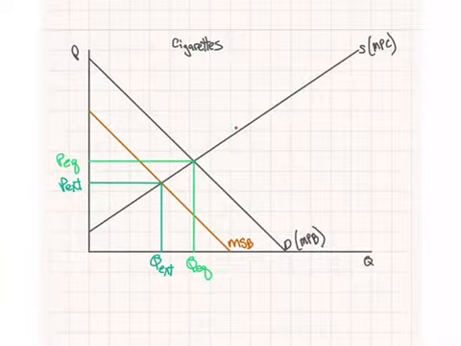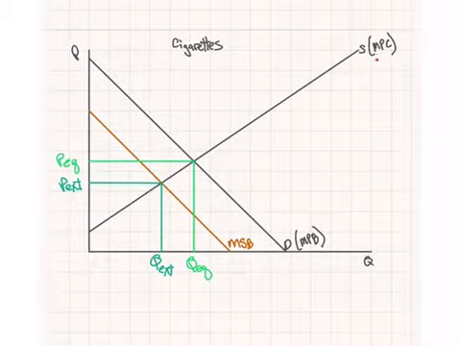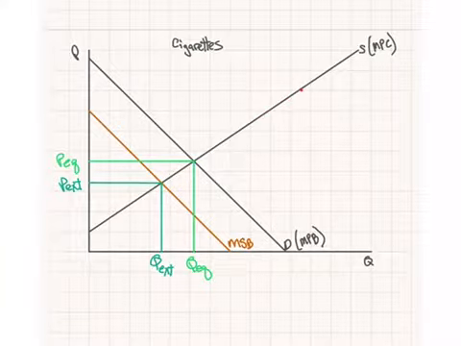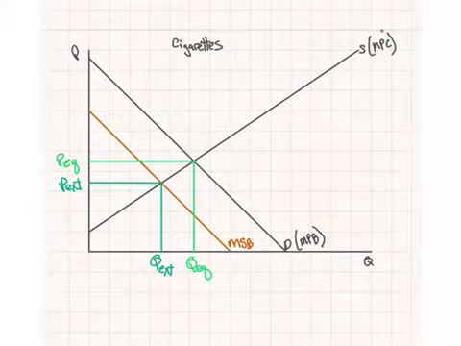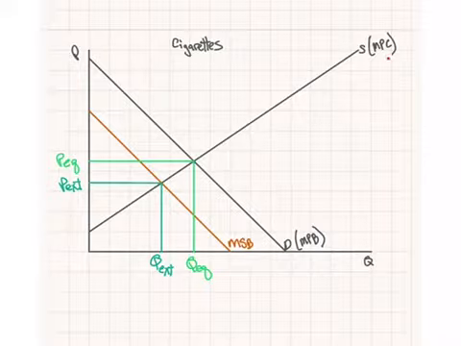Now, the reason that we can therefore call the supply curve the marginal private cost curve is that each step up the curve indicates the marginal private cost, the additional cost to all the suppliers of cigarettes. But we would call it private because it is affecting only the suppliers of cigarettes, not other people who are not suppliers of cigarettes. So the supply curve can also be called the marginal private cost curve. The demand curve can be called the marginal private benefit curve.